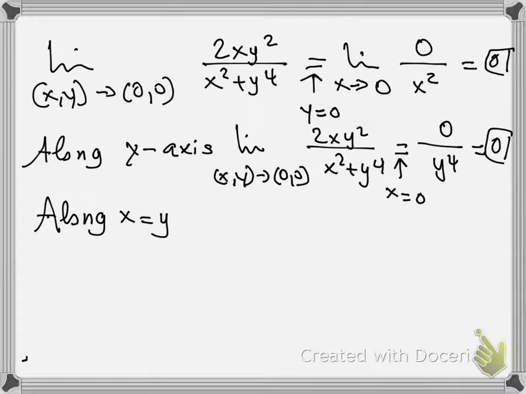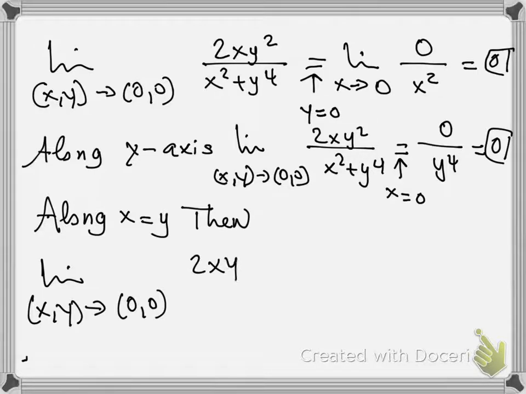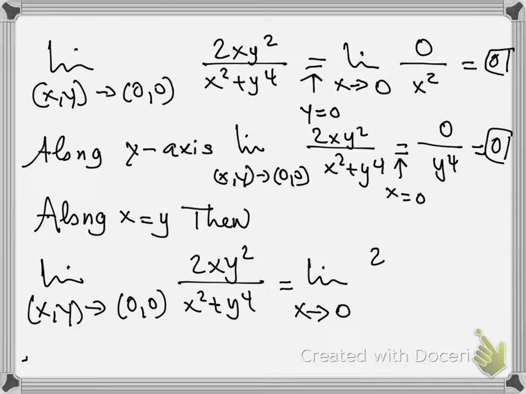So x equals y, then limit as (x, y) goes to (0, 0) of 2xy squared over x squared plus y to the 4. So x is equal to y, so you're going to just have x goes to 0, because y going to 0 is the same as x going to 0 if x is equal to y. So it's going to be 2x times x squared over x squared plus x to the 4.